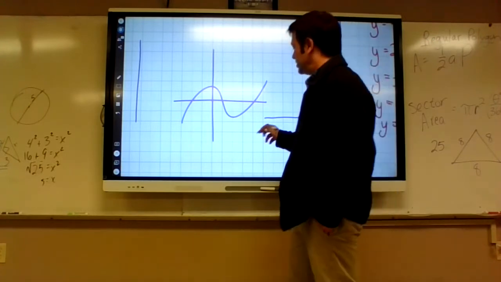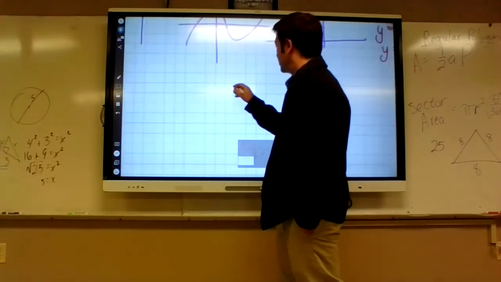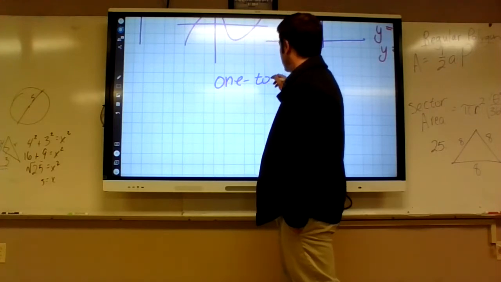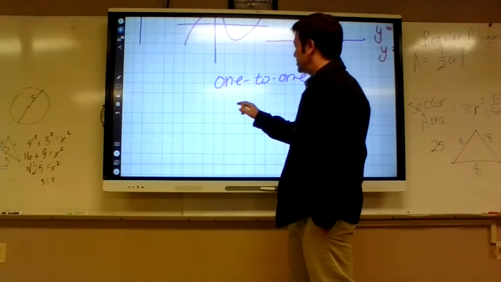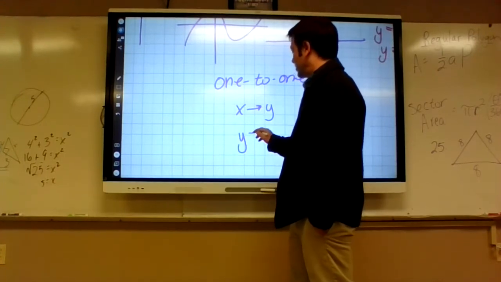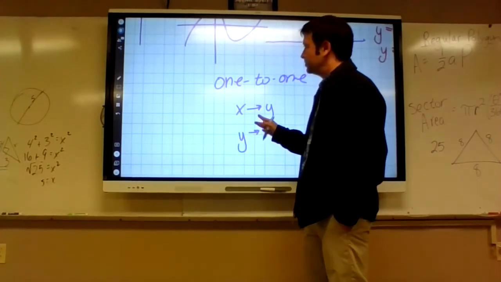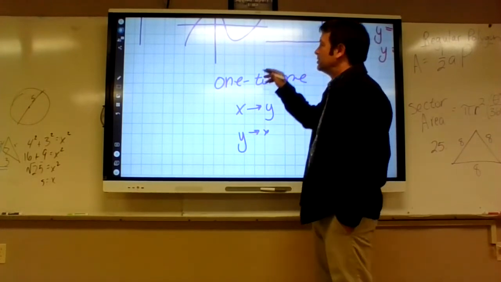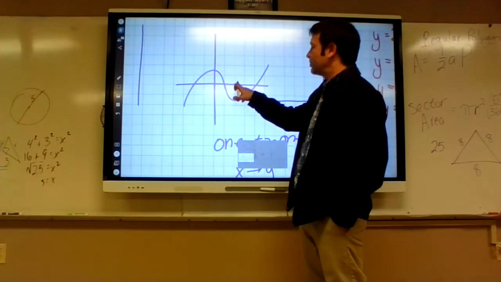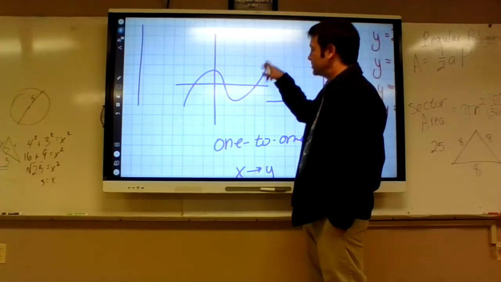There's a term: you have a one-to-one function if each x value gets mapped to one y value, and each y value gets mapped to one x value. A function only works if each x has one y value. That's like the vertical line test.